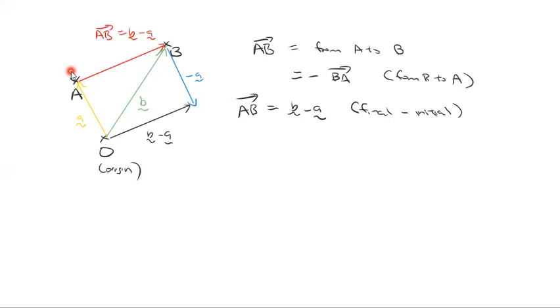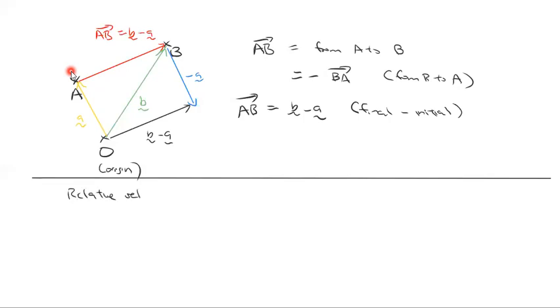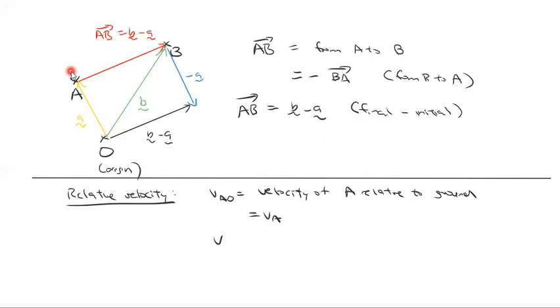Okay. Now, similarly, if you're applying this to relative velocity, the idea is very simple. The velocity of A relative to the ground, like some sort of origin, we'll normally just call the velocity of A. The velocity of B relative to the ground is VB.